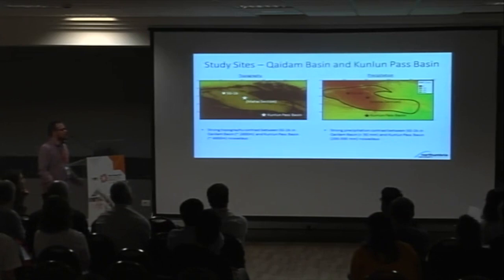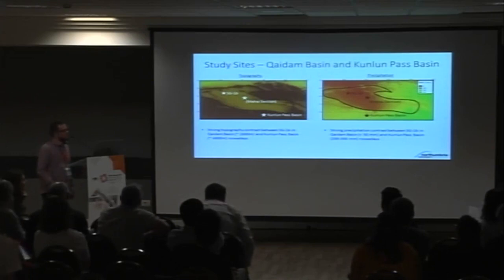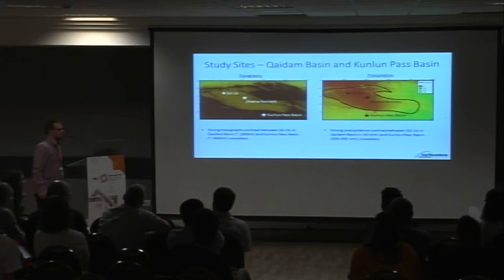But that's still okay because the SG1B core and the Kunlun Pass Basin show a strong contrast in both topography, being about 2,000 meters different nowadays, and precipitation, because the Kunlun Pass Basin is still under the effect of the East Asian summer monsoon, whereas the dominant precipitation source for the northwest of the Qaidam Basin is considered to be the westerlies.